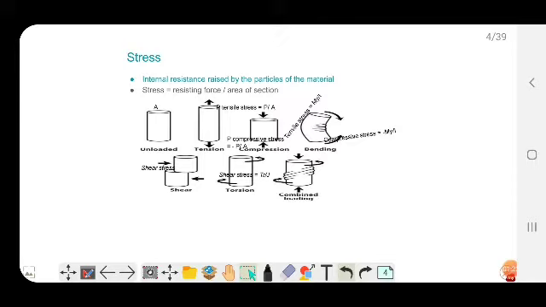So simple stresses and strain, that is the topic here we will be discussing. There a very important term is stress, which we will be coming across everywhere in mechanics of structures. Suppose we are taking the case of the cross section of a body which undergoes tensile force.